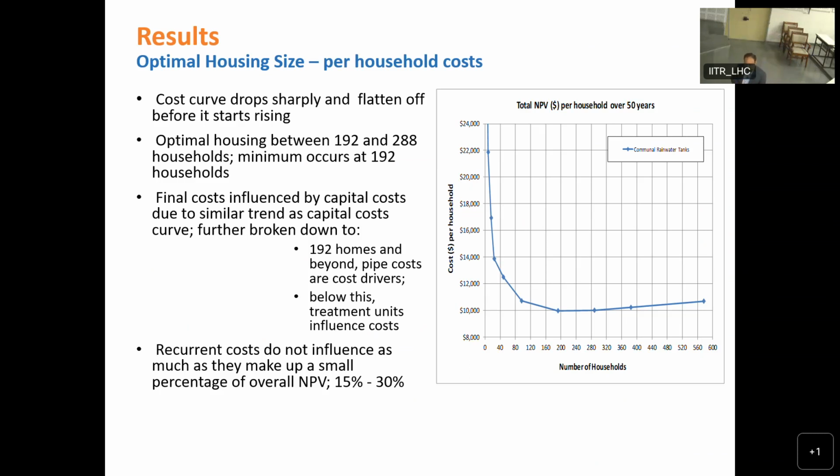That means if you are providing a system for more than 190 or 195 homes, that is the economies of scale. That means you can design a system for so many houses in one system, and then if you are increasing the number, then you start thinking of another system.